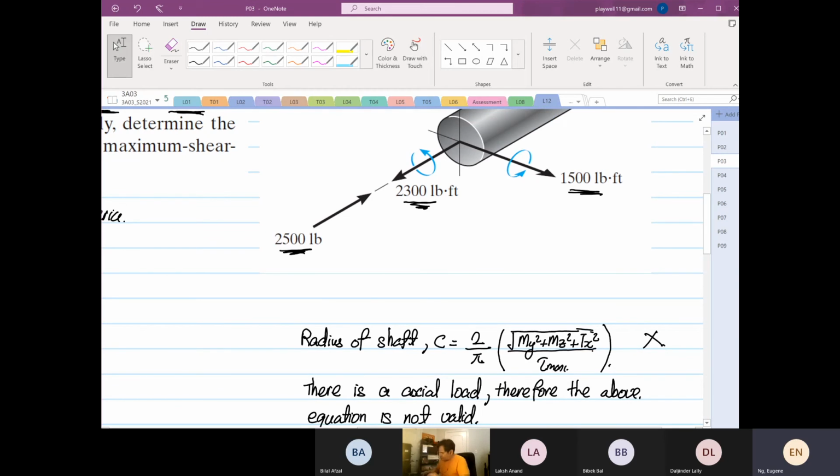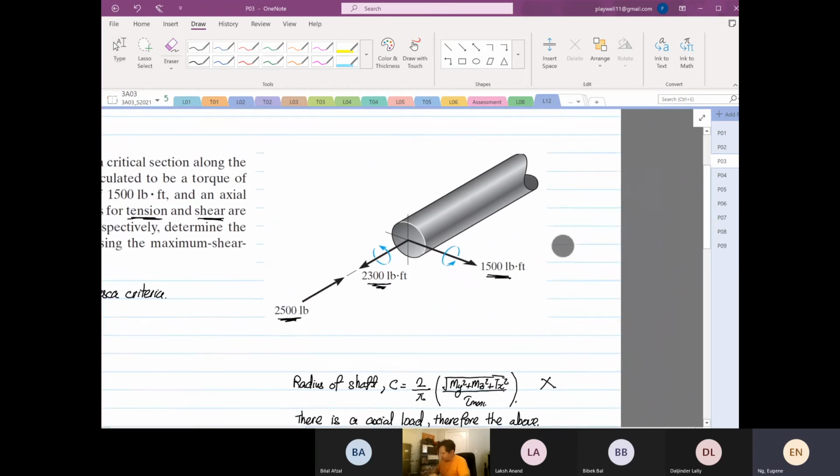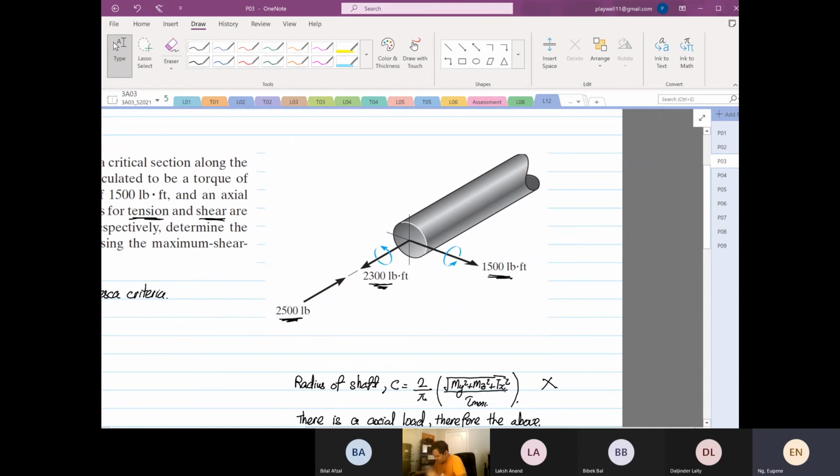Okay, so now let's go into structure analysis. First thing of all, we're going to draw our transformation. So this is our stress X. This is our X direction, right? This is our Y direction.